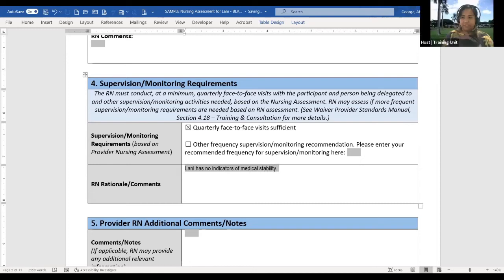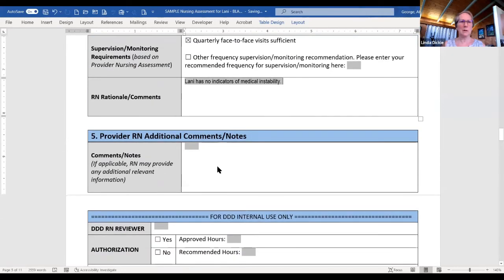And then let's put some information about instability. This is why I am not a nurse, everyone. No, you're doing good. So no indicators of medical instability. Do we put something about the caregiver and the delegated task? No. Okay. Demonstrates understanding.